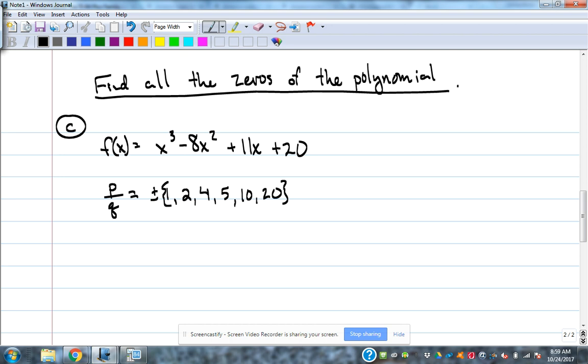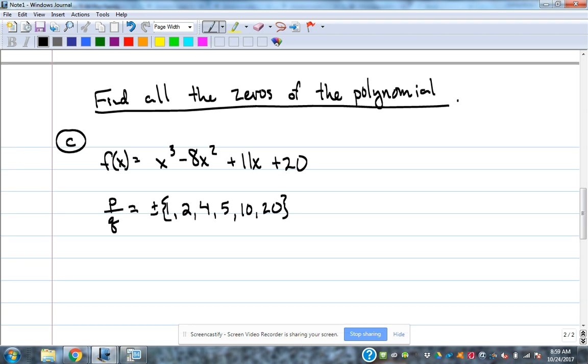Those numbers. Now, back when I was in high school, graphing calculators weren't as readily available. Definitely weren't as affordable as they are now, even though $100 doesn't seem like it's affordable, but it is compared to what they were back in the mid-90s. You didn't have that luxury. So what we would have to do is just guess, pick one of those numbers, and try it out. If it didn't work, try another one.